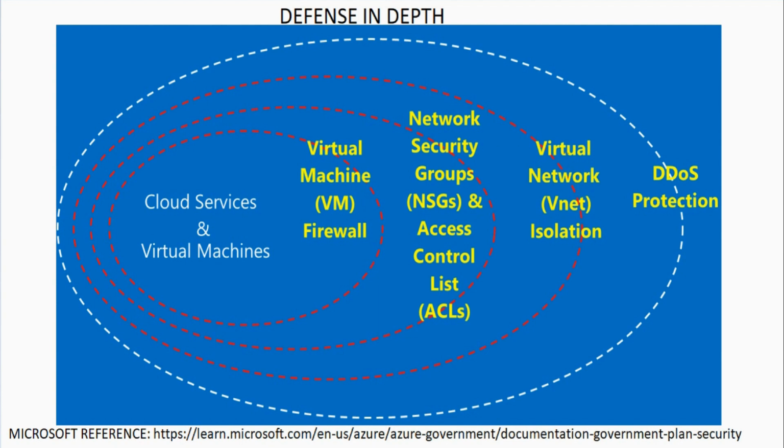From there, you have the virtual network itself, and the virtual network that everything is communicating with is also isolated and protected. This gets into the Azure network on which your virtual networks sit. The actual Azure network that is run by Microsoft has various levels of security as well.